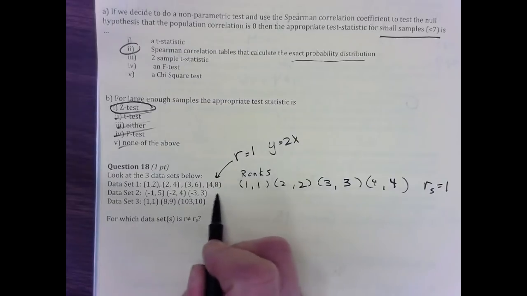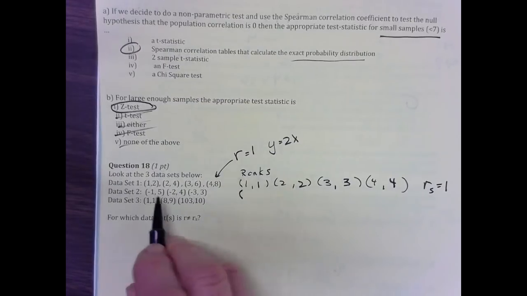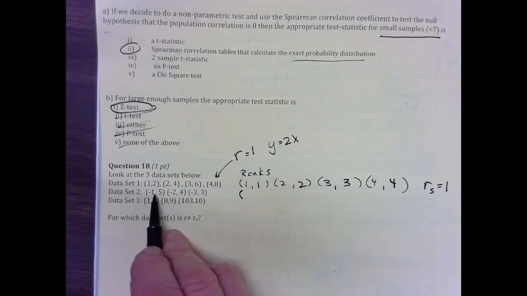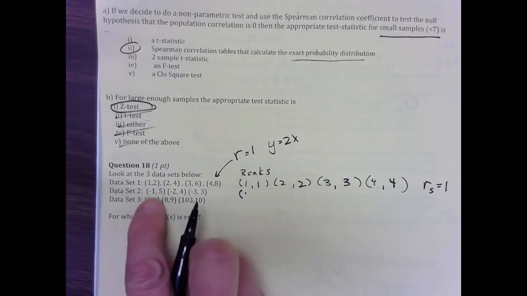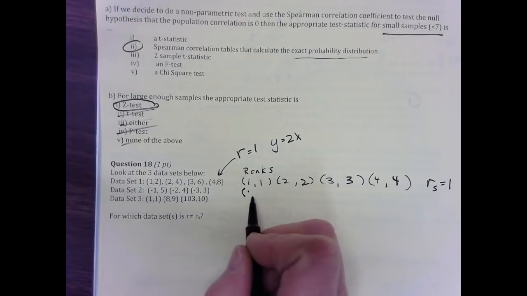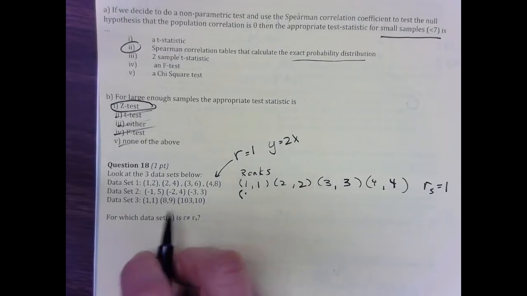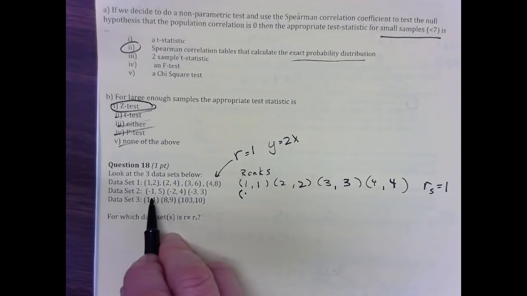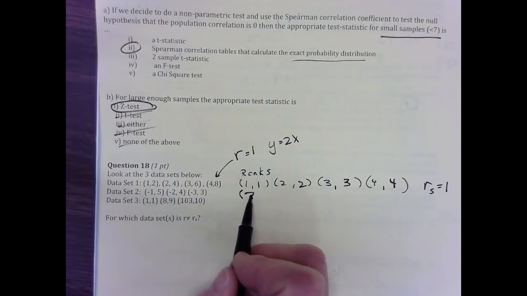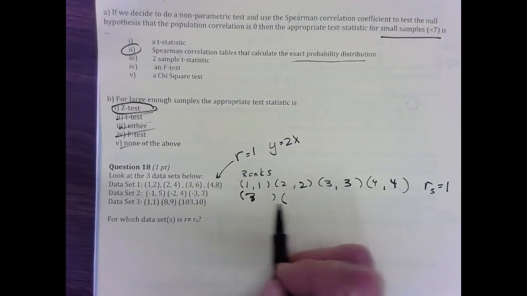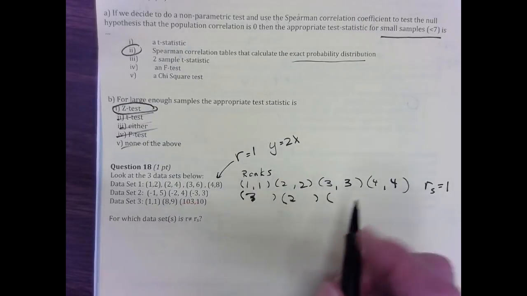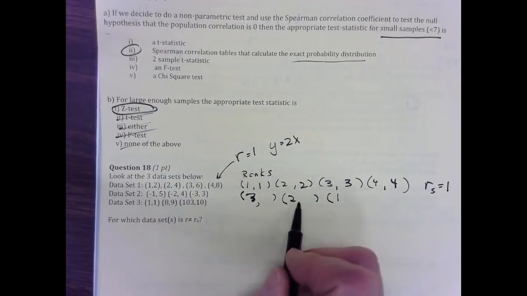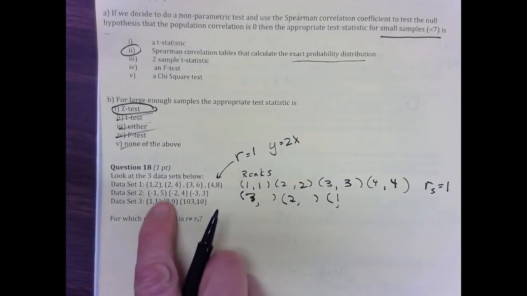So now if we put this into ranks, what do we get? Let's do the X's first, 1, 2, and 3. Smallest, whoops, that's the biggest. So if we put it into ranks, we have 3, 2, and our smallest is -3, 1. How about these?